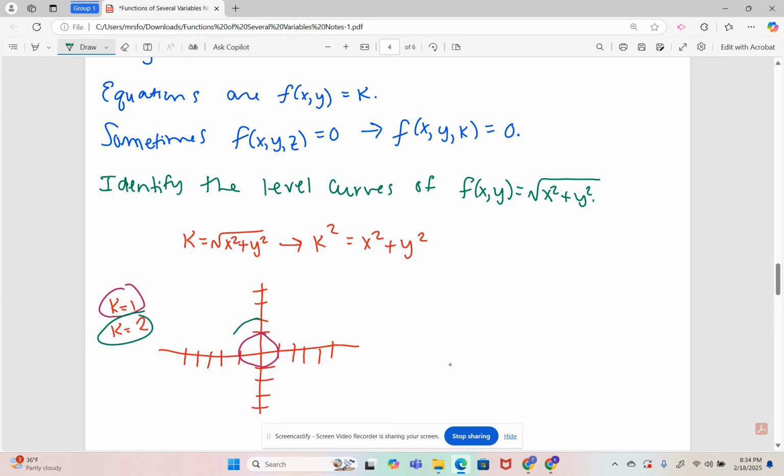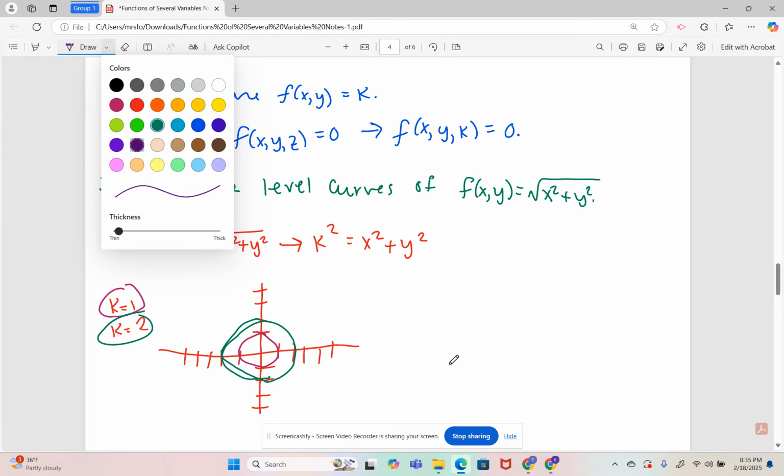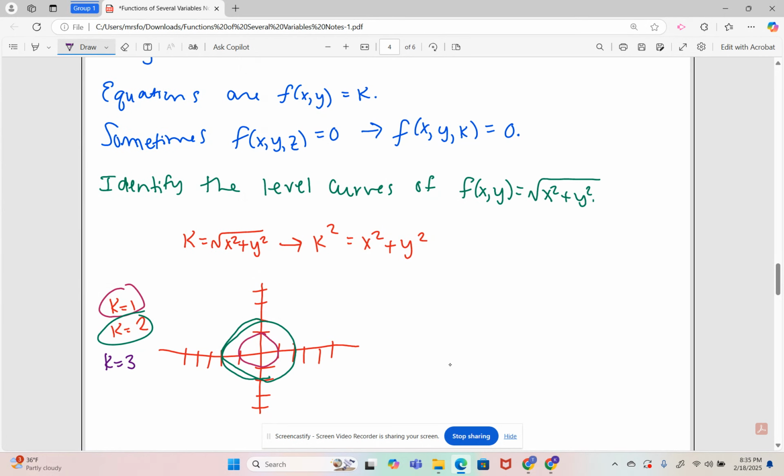My drawing never looks the best. Then this would be a circle when k is 2, then when k is 3, a circle, then when k is 4, well, that was a little bit better. And so on. You get the idea.